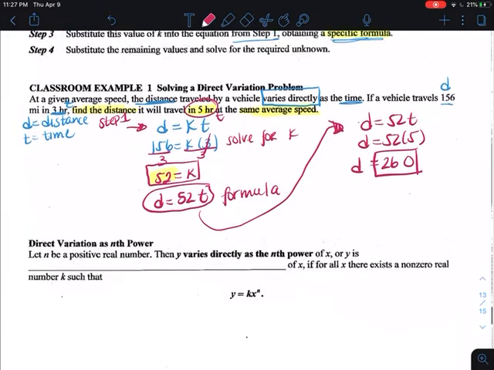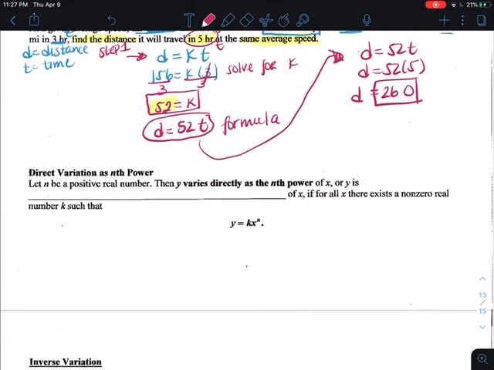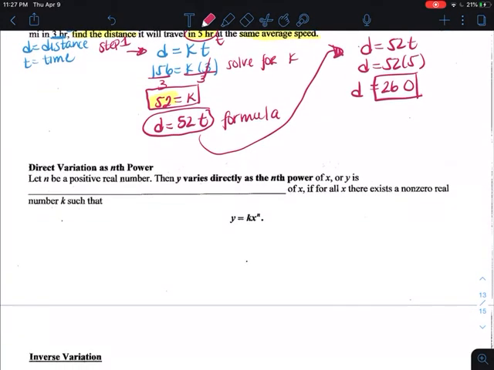All right, so we'll be using these steps to solve all these variation problems. So it says direct variation as an nth power. Let n be a positive real number. Then y varies directly as the nth power of x, or y is directly proportional to the nth power of x.